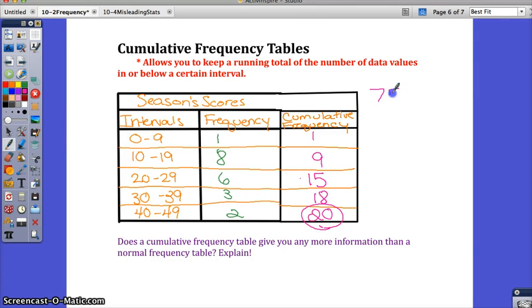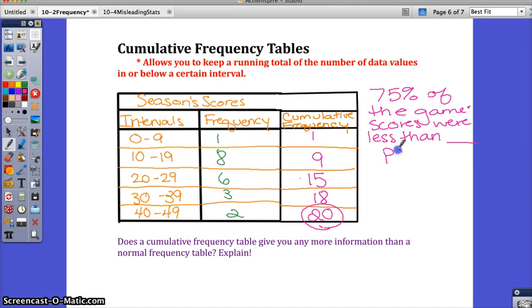If I asked you this question, 75% of the game scores were less than blank points. Well, if it's less than a certain point, you can see the percent because you can see the total.